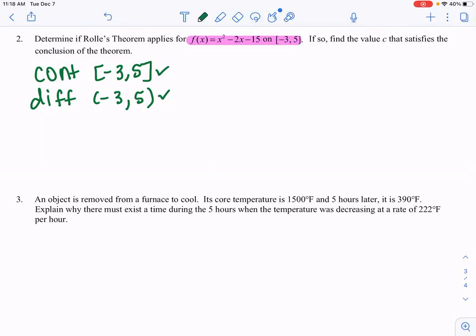For Rolle's theorem, we still need our function values. Okay, what is f of -3? Nine minus -6 minus 15. I'm getting 0 over here. Right? 9 plus 6 minus 15.